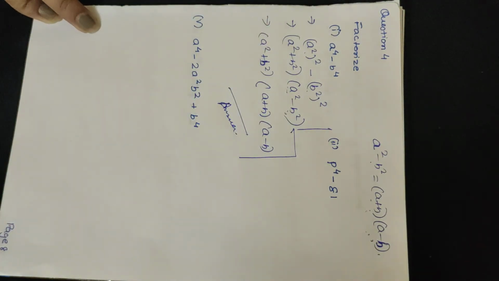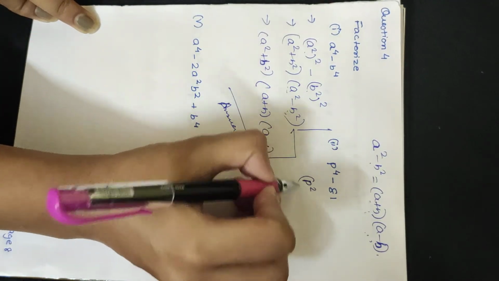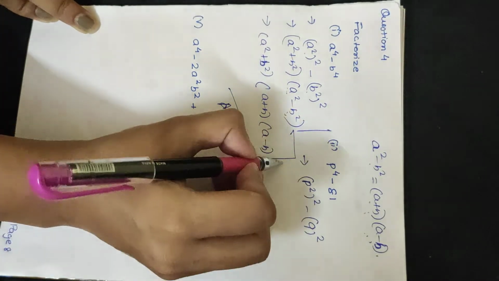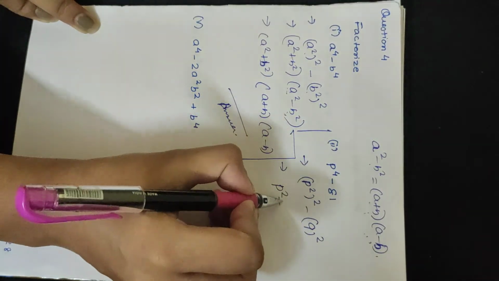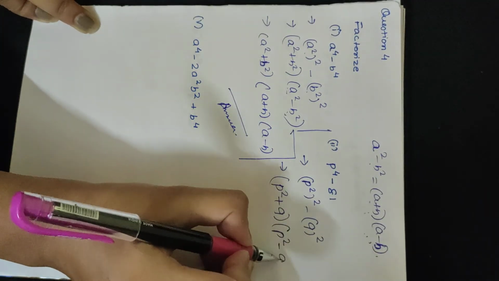Next we come to p to the power 4 minus 81. This is very similar to the first one: (p square) whole square minus (9) whole square, right? 81 is the square of 9. Now (p square plus 9)(p square minus 9).